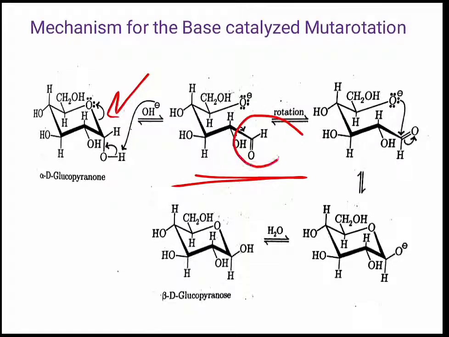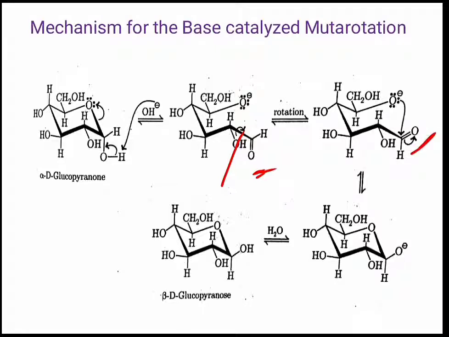Now again a rotation can occur in this bond, and after rotation the carbonyl group which was in the bottom will go to the top, and this hydrogen will come here. Now if this oxygen attacks here, the O minus will form here.